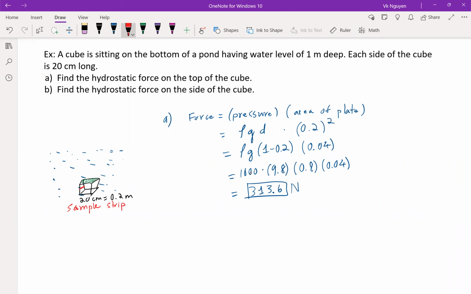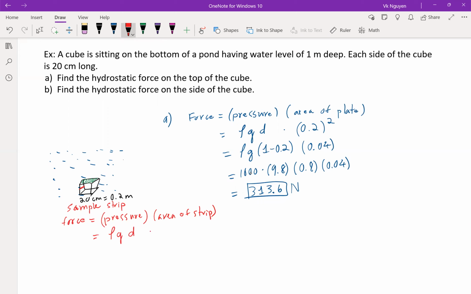The force on this strip would be pressure multiplied by the area of the strip. The pressure is rho g d.